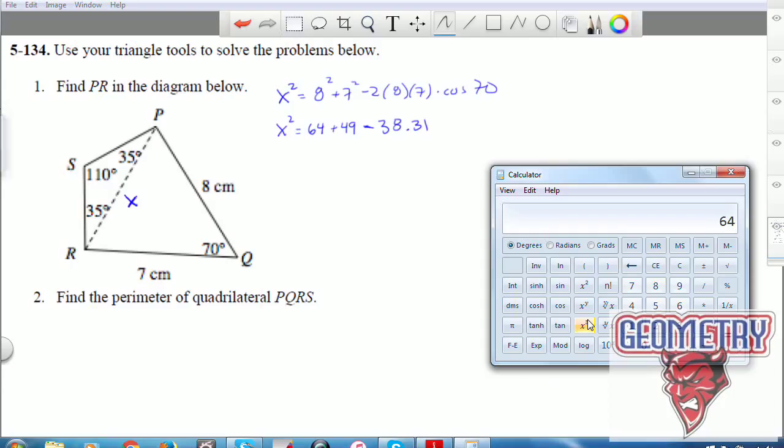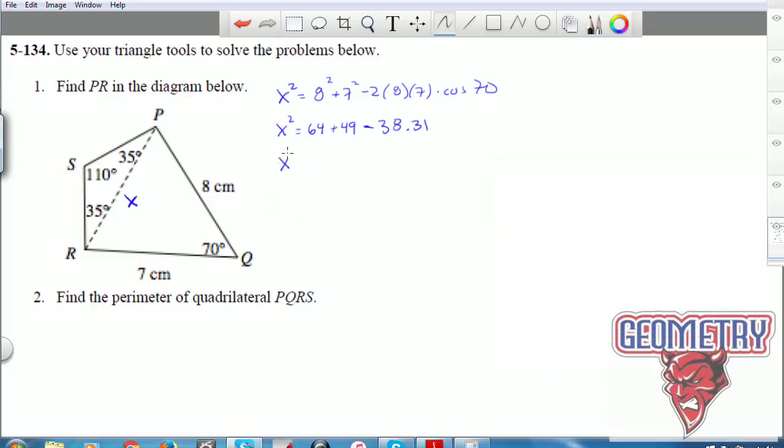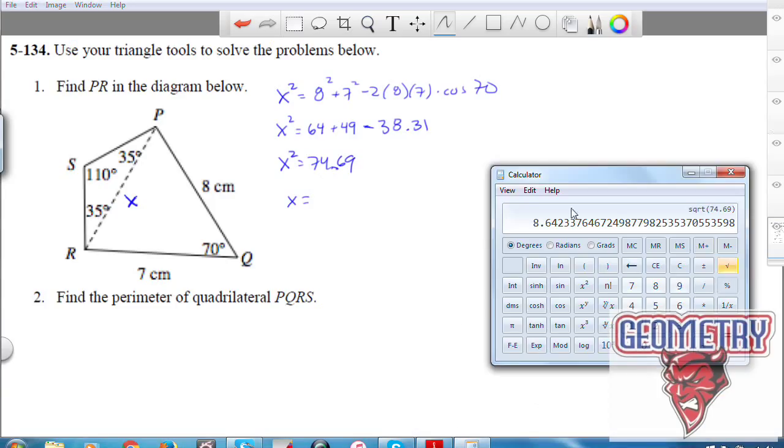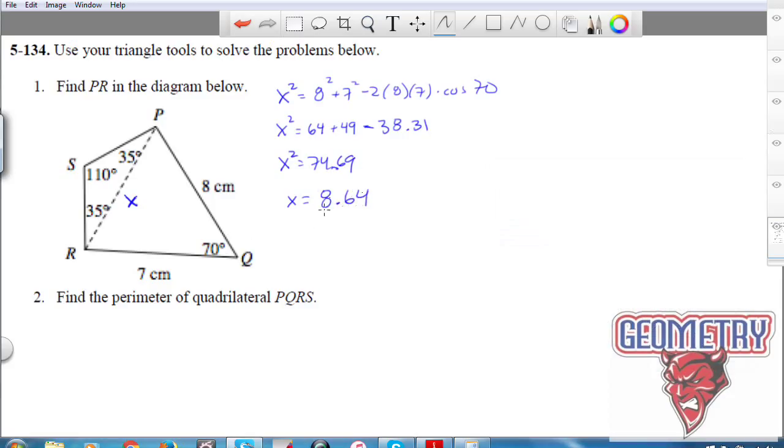So 64 plus 49 minus 38.31, 74.69. So x squared equals 74.69. We have to take the square root of that to get what x is, and so taking the square root of that, we get 8.64. So that's our answer to part 1 there. Find PR. PR equals 8.64.